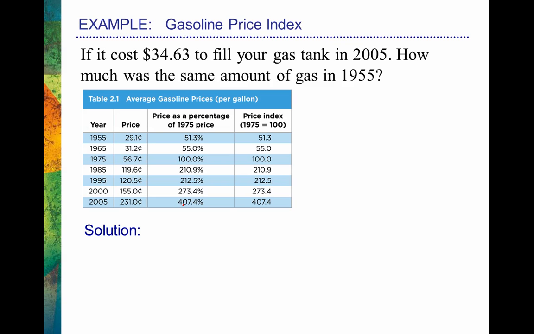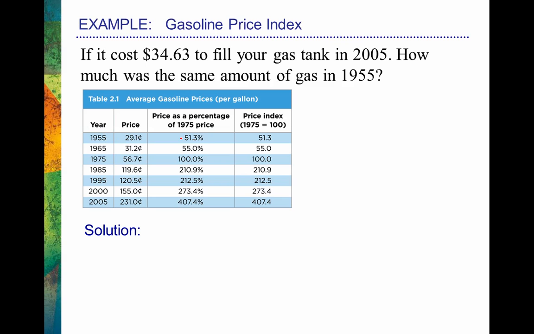We can see here that related to 1975, in 2005, people are paying about 4 times as much for gas. In 1955, people are paying about half as much for gas. The question is, if it costs $34.63 to fill your tank in 2005, how much would the same amount of gas cost in 1955? It's obviously going to be cheaper, right? In 1955, gas prices were cheaper.